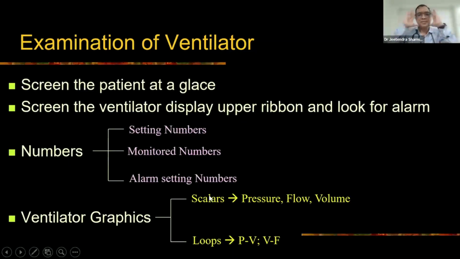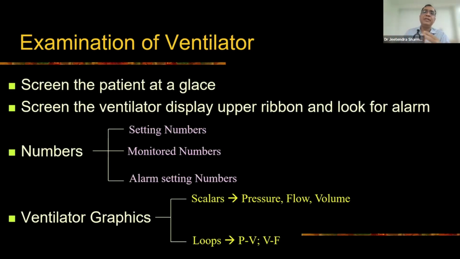At a time just concentrate on them, just see the numbers. Typically numbers displayed on the ventilator screen are in 3 categories. Either they are setting numbers, like FiO2, PEEP, tidal volume, inspiratory cycle, I ratio.